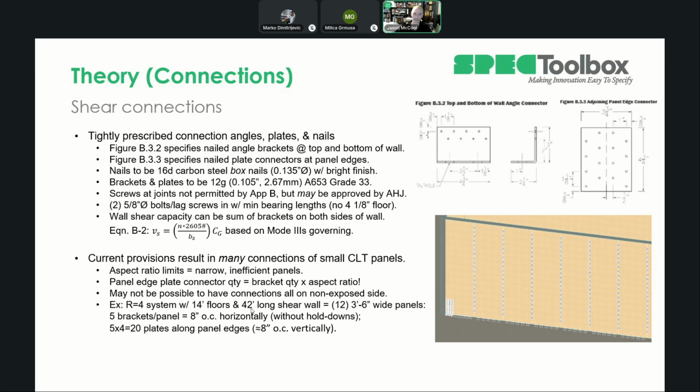Again, 8 inches on center. 16 nails per connector, 8 nails per connector down here. So, like a 4-story building, like I'm going to be showing here in a little bit, I could easily be looking at 5,000 to 10,000 nails per wall, times however many walls you have on your project. So, make sure your contractor going into this knows the field labor that may be involved in this.